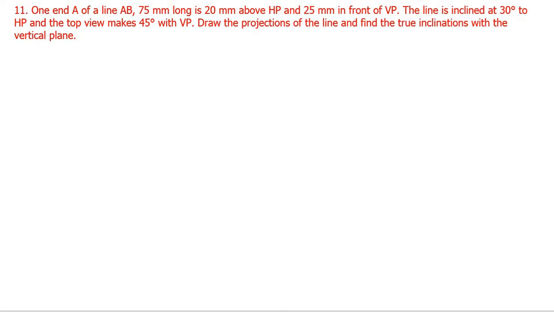So here the length of the line AB is given as 75 mm, which means the true length of the line is 75 mm, and the point A is 20 mm above HP. So we can mark easily A dash.